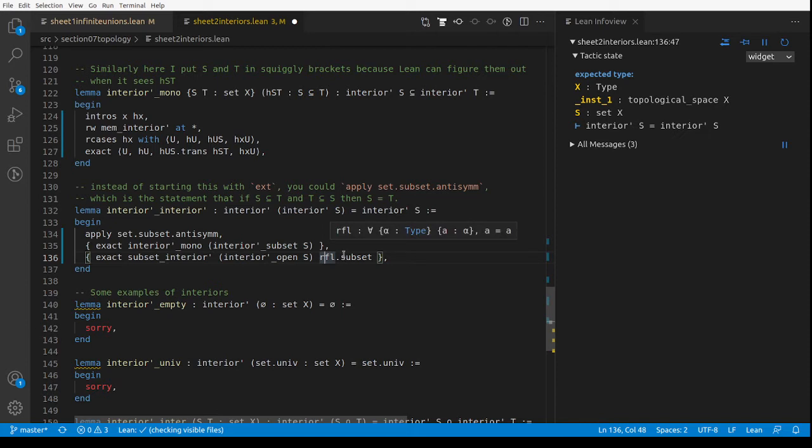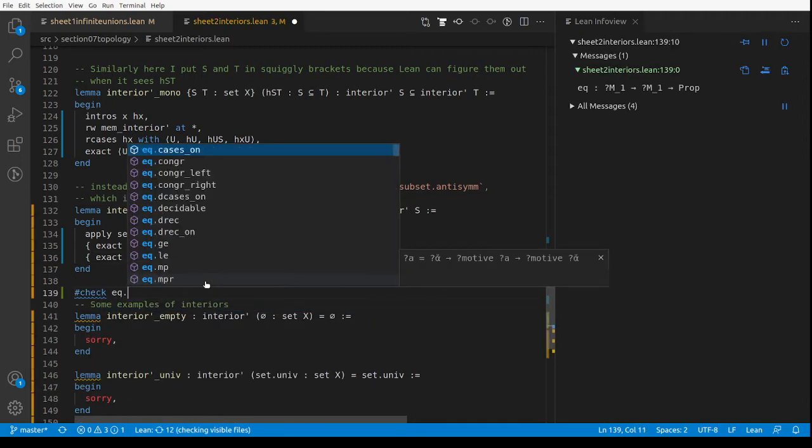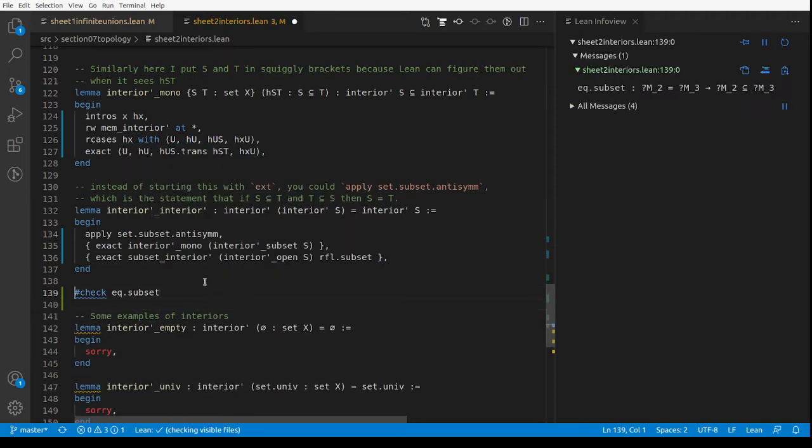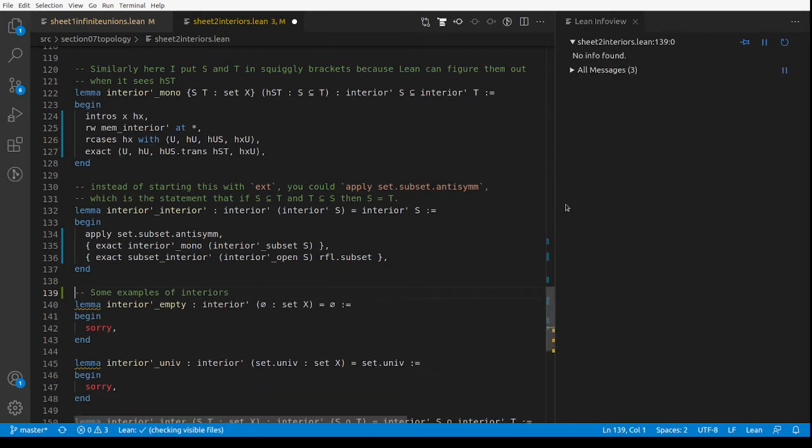Rfl has got type Eq. Have they defined Eq.subset? Check Eq.subset. Yeah, that's a very clever trick. So there you go, Eq.subset, and then it eats rfl, which is the first term of that. That's great. Yeah, dot notation is a very powerful thing.